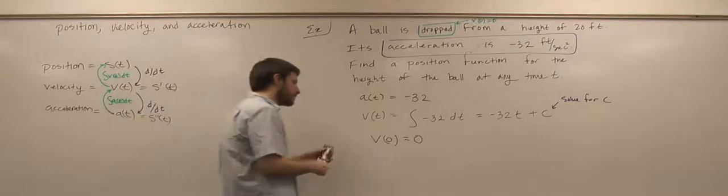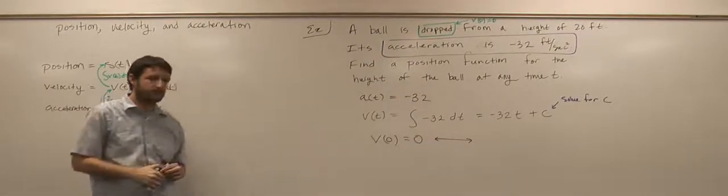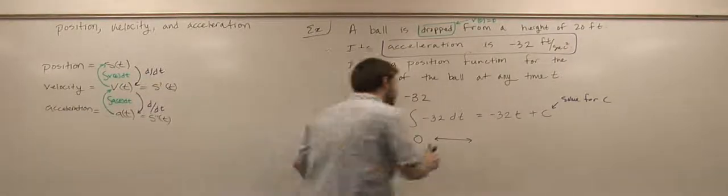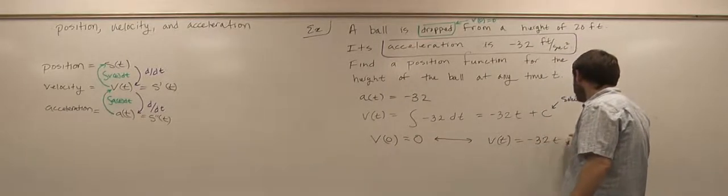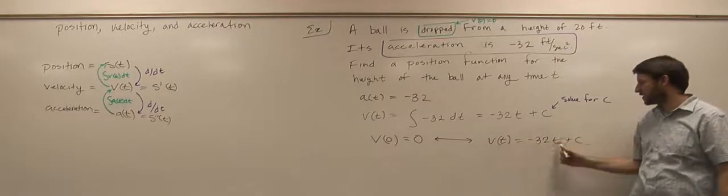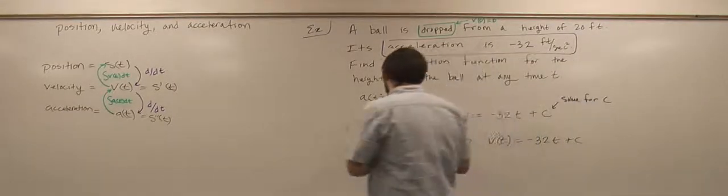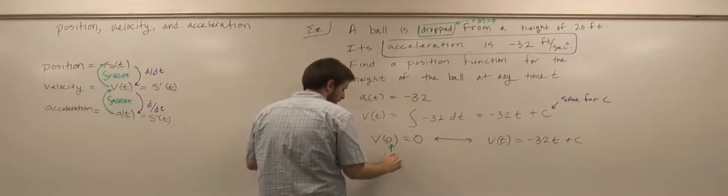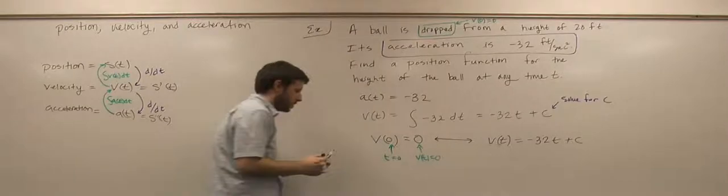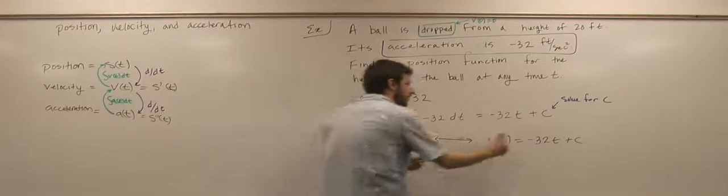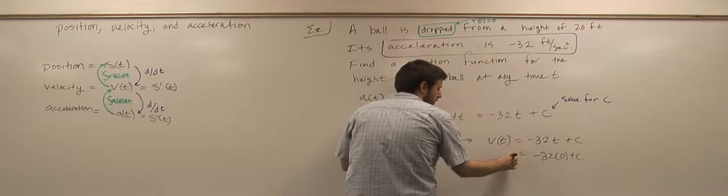So what does this mean about c? C equals 0. Right, because now you have v of t equals negative 32t plus c. You can plug in 0 for t and solve for c. When t is 0, v is 0. That's what this is saying. So if you put 0 in here, this side has to be 0.